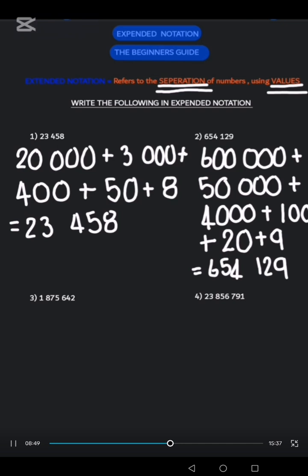And what we do, we look at our first number, which is 1, and we look at how many digits are on the right hand side, which we're going to change to 0. Then we add a plus sign.